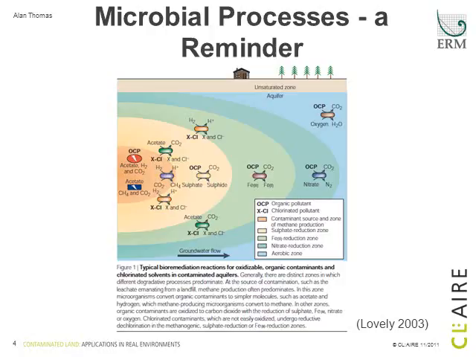This is just a reminder of some of the microbial processes that you should be familiar with, following some of the background reading. Essentially, again, it's emphasizing the microbial diversity that's in the subsurface and the different metabolic strategies of organisms that we are able to utilize in in situ bioremediation, from simple aerobic degradation using oxygen through various stages of reduction, which may include the use of alternative electron acceptors including nitrate, sulfate, iron, etc., right through to the anaerobic process of methanogenesis.